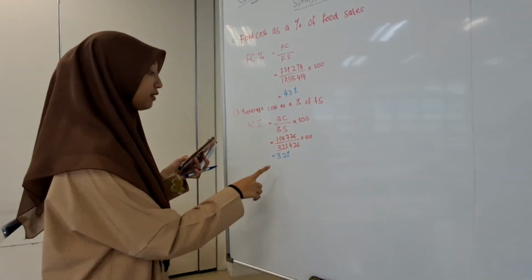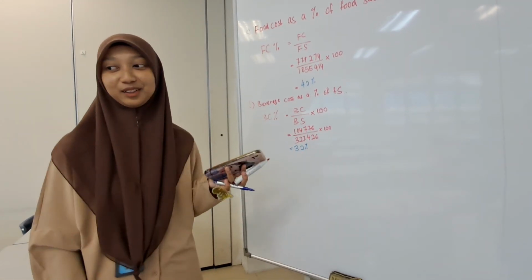We get the answer for Springburn restaurant is 32%.